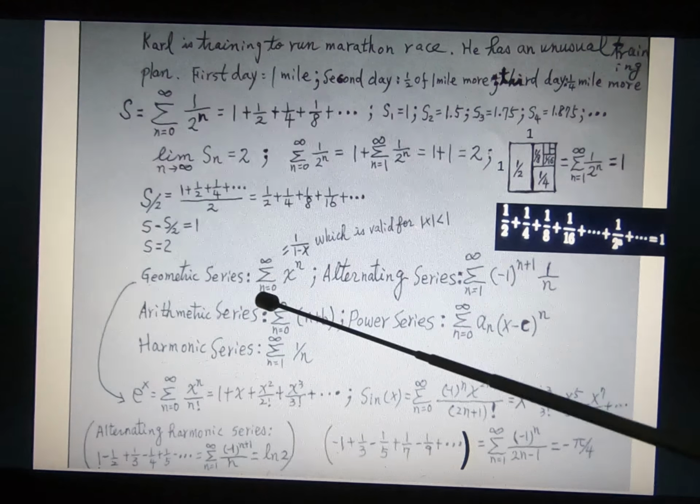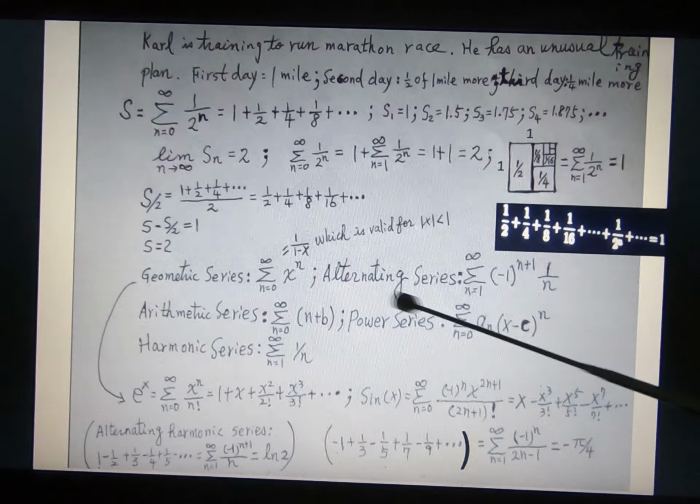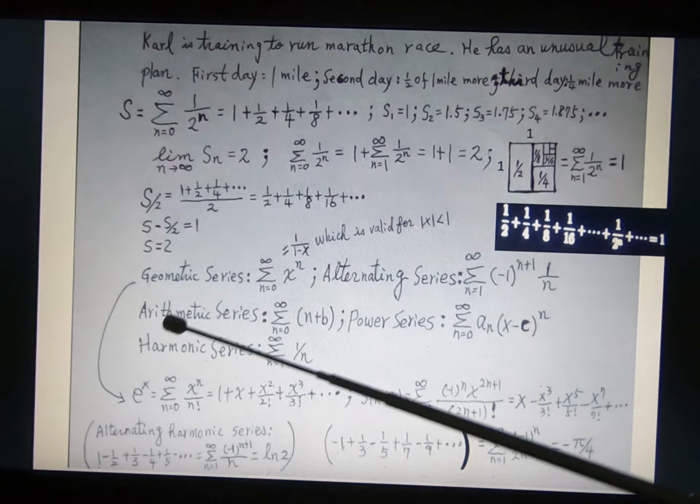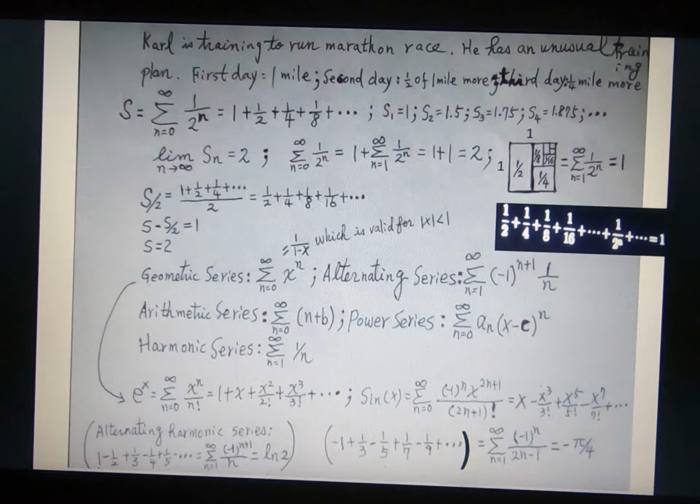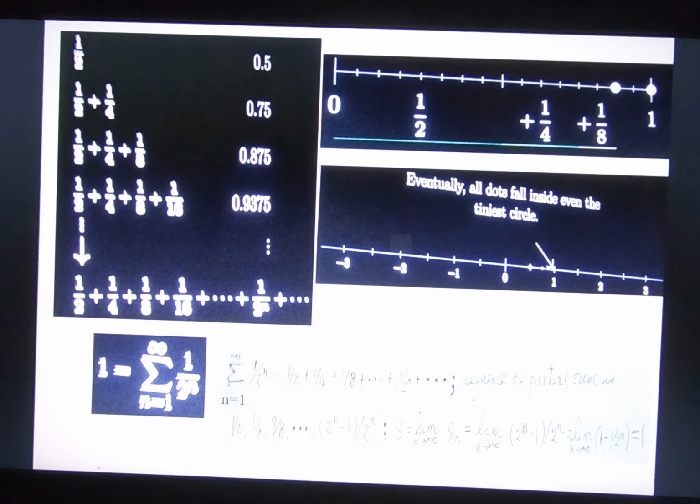And there are many different kinds of infinity series: geometric, arithmetic, harmonic, alternating series, and power series. These are some of the examples. This is another way of looking at that previous example.